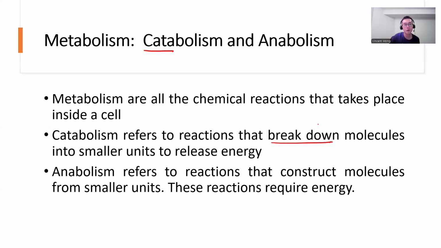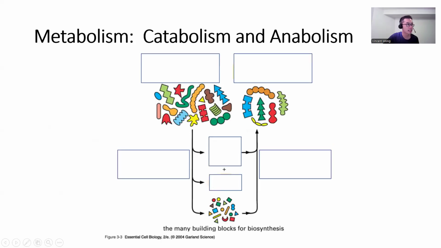On the other hand, if you are building a molecule, if you're constructing a macromolecule using its subunits, then that is called anabolism. And that is going to require energy. Let's fill this in together.